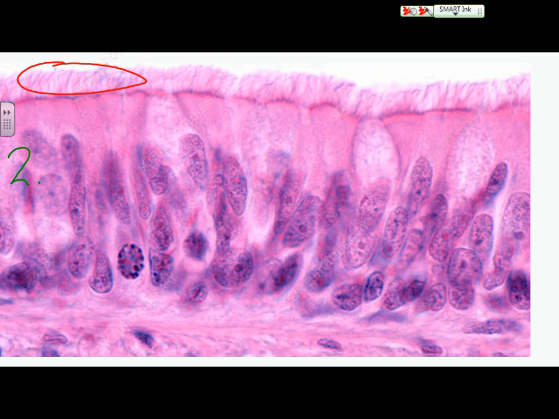Do the nuclei look like they're all arranged neatly in a row going across here? Or do they look like they're in multiple layers? Okay, looks like multiple layers to me. Now the only one that we have that's multiple layers, columnar with a surface feature, would be pseudostratified. And so that tells me that that surface feature I'm seeing there would be the cilia, the little hairs, okay? So 2 is pseudostratified.